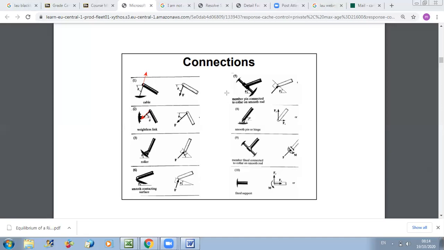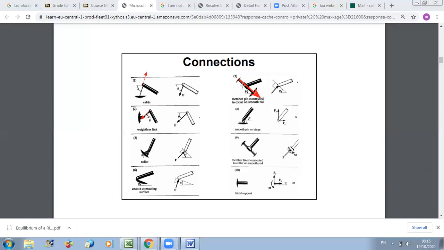Now, another possibility of reactions, you can see it here. You have a member that is pin connected to a collar on a smooth rod. So what do we mean by this? If you want to know what is the reaction developed, the pin is now mounted on or connected to a collar, and the collar can slide on the rod. Because the collar can slide on the rod, do you have a resistance in this direction?